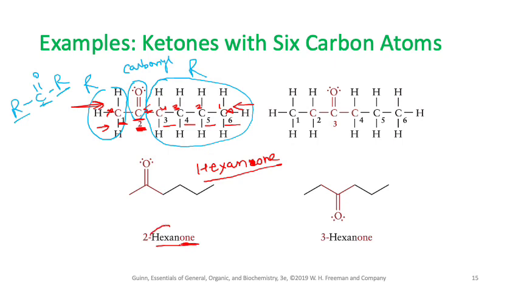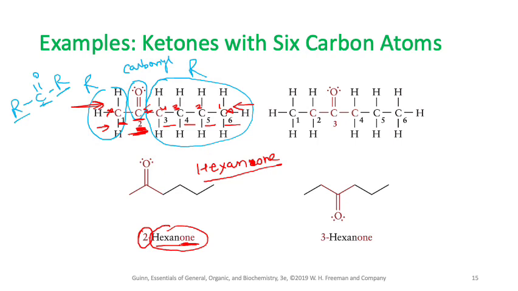The time you see hexanone, we know this is a ketone, but you have to specify where you have the carbonyl group, because in a ketone the carbonyl group is not on the terminal. If you don't write the number, we assume this is on the terminal carbon, and a ketone cannot be present on the terminal carbon. So we have to specify the carbonyl group. Where you have the carbonyl group on the second carbon, you have to write 2-hexanone, right?